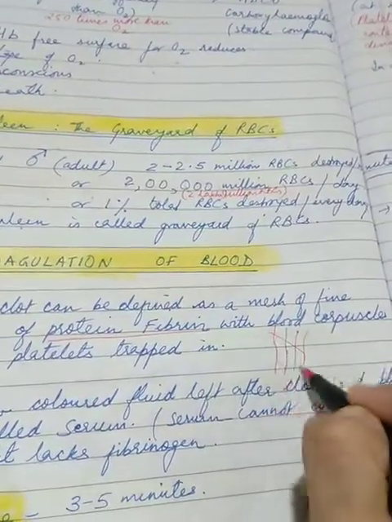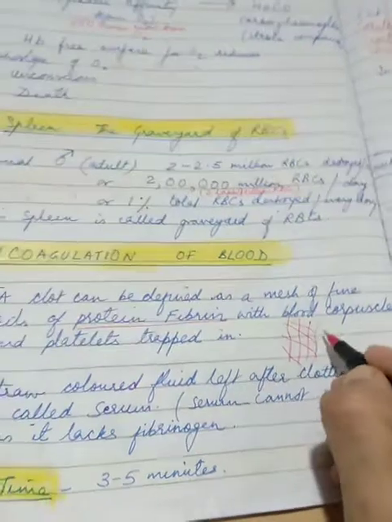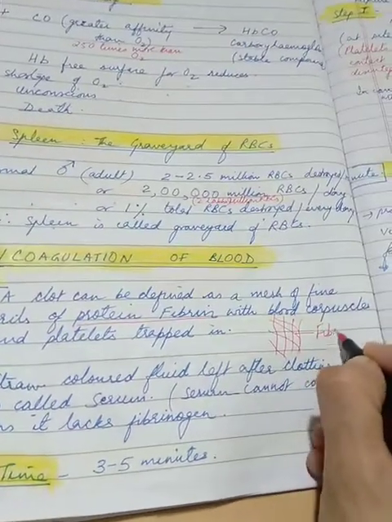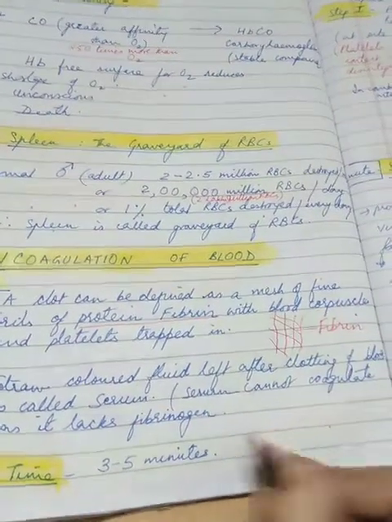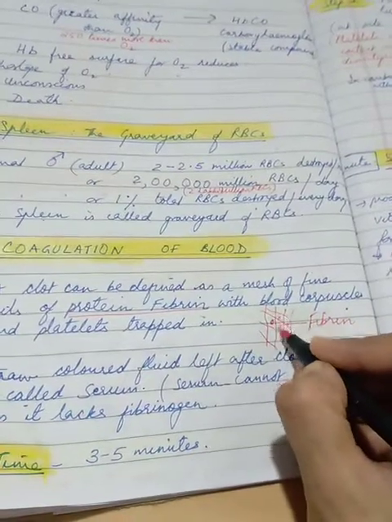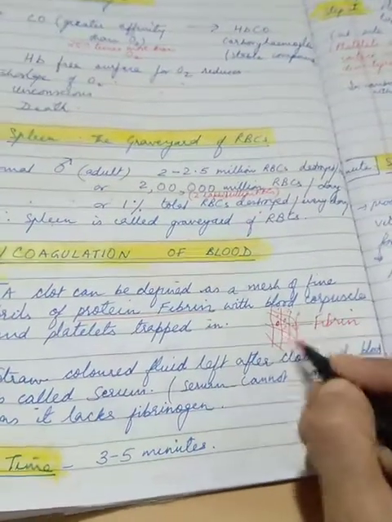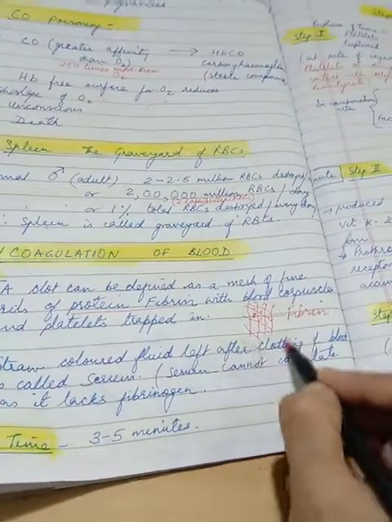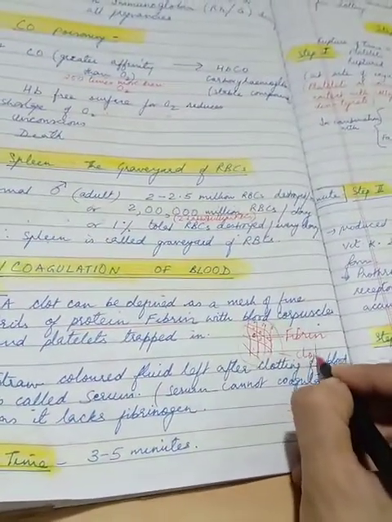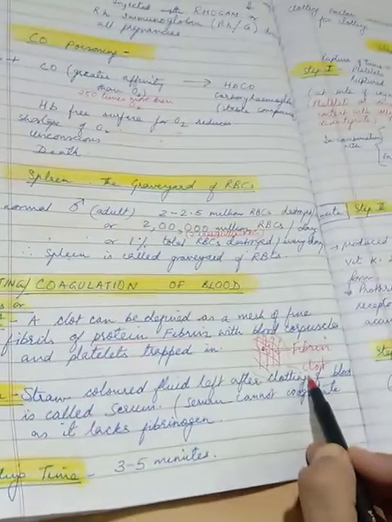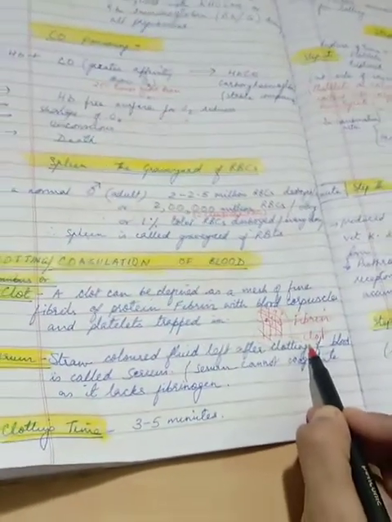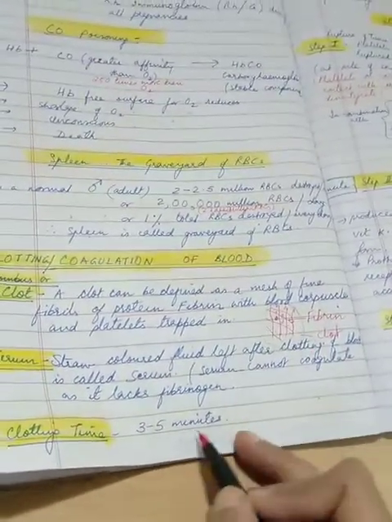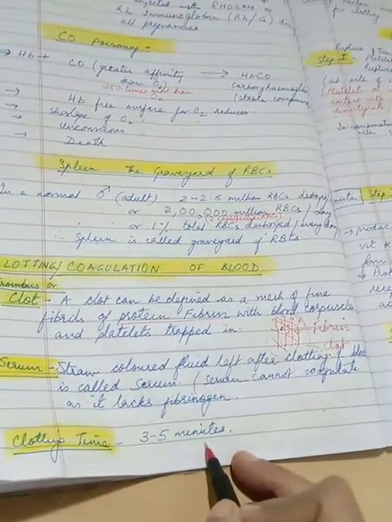There are some insoluble fibers of a protein, and we call them fibrin. Trapped in the fibers are various blood corpuscles and platelets, and this is what actually becomes a clot that is visible as a hard surface, seen within 3 to 4 days. But the process begins within 3 to 5 minutes.